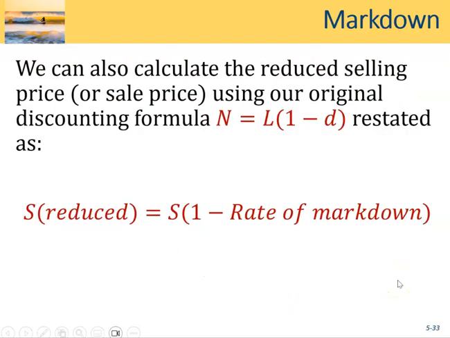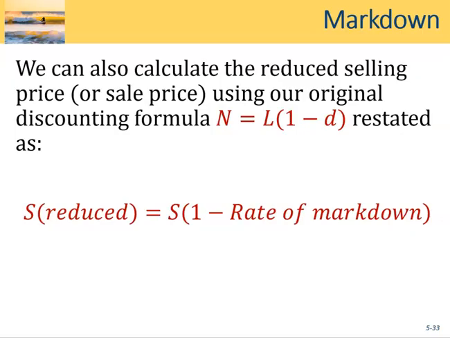So we can also calculate the reduced selling price or sale price using our original discount formula. It's the same formula, just using different letters to represent different things. In our first one, the net price equals the original list price multiplied by 1 minus the discount.